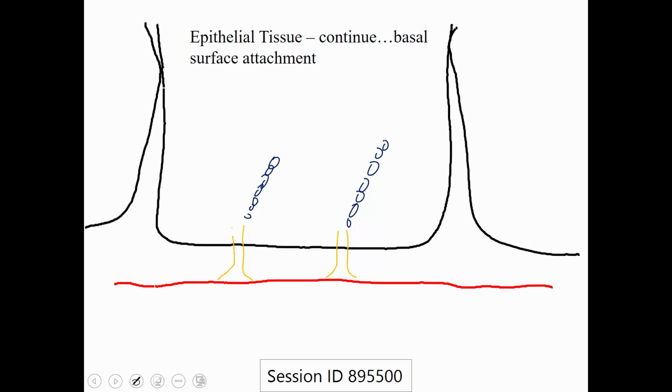Cells like the epithelial cells have receptors like this hook that's attaching to this basement membrane. The ones that we talked about, the hooks, basically are integrins. They're the adhesion molecules.